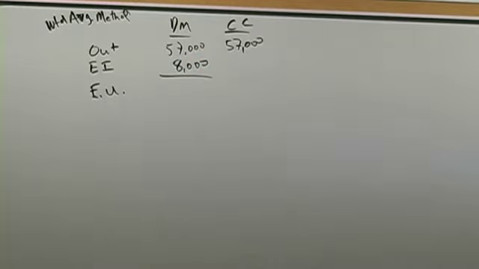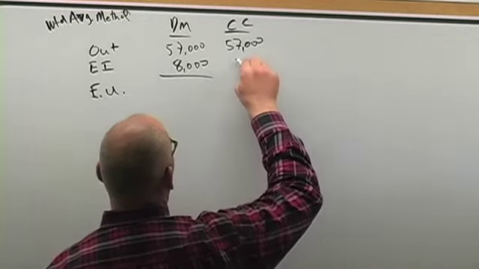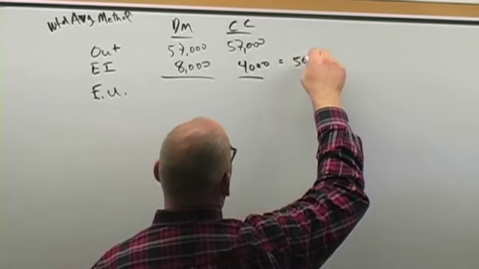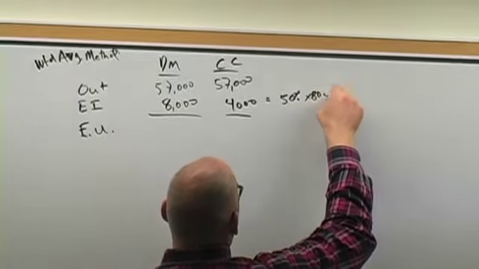Okay. Brittany, conversion cost for ending inventory. Is it 4,000? Yes. 4,000. How'd you calculate that? Yep. So that equals 50% times 8,000.